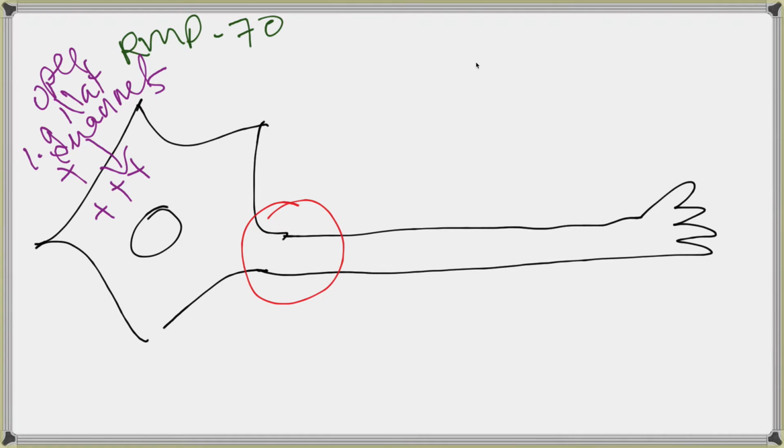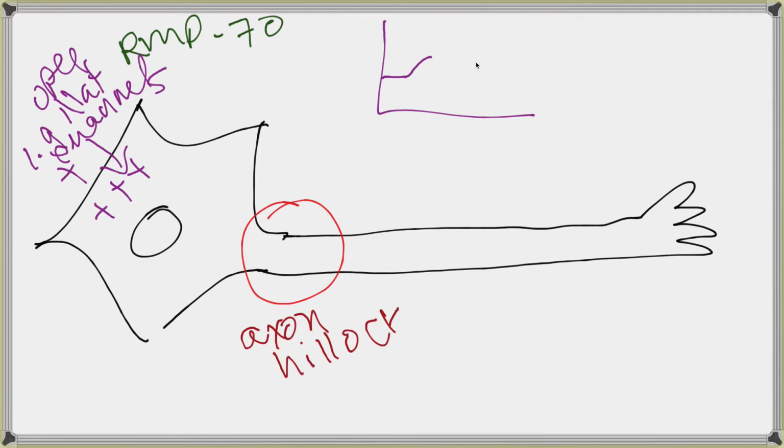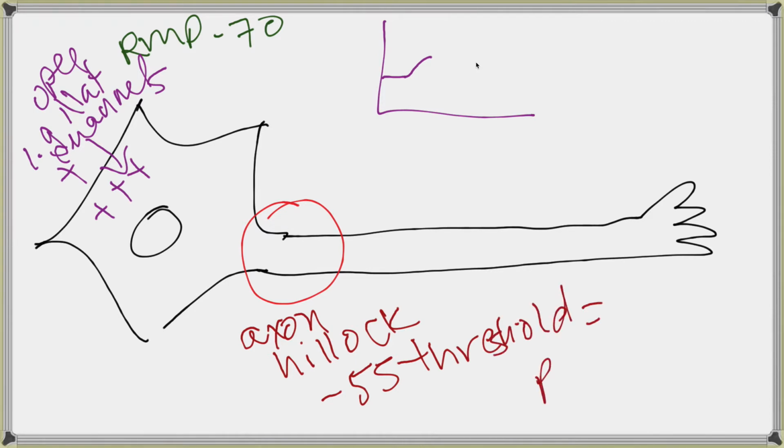So what you would be seeing in the graph right now would be like you started at minus 70, you start going up. Okay, so the magic will happen if you get this area over here, which is called the axon hillock, to minus 55, which is threshold. Then you'll get an action potential.